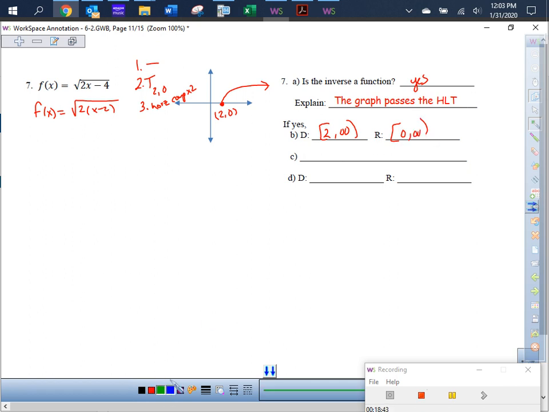Now the 4-step process. You could do it on either one of these. It really doesn't matter. It's probably a little easier for us to do it on the original. It'll all work out the same. So let's do it on the original. Change this to a y. Switch.